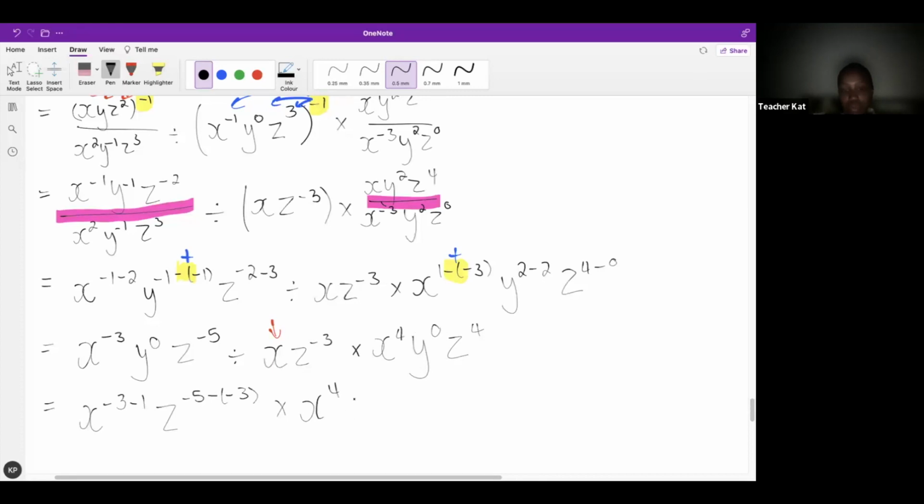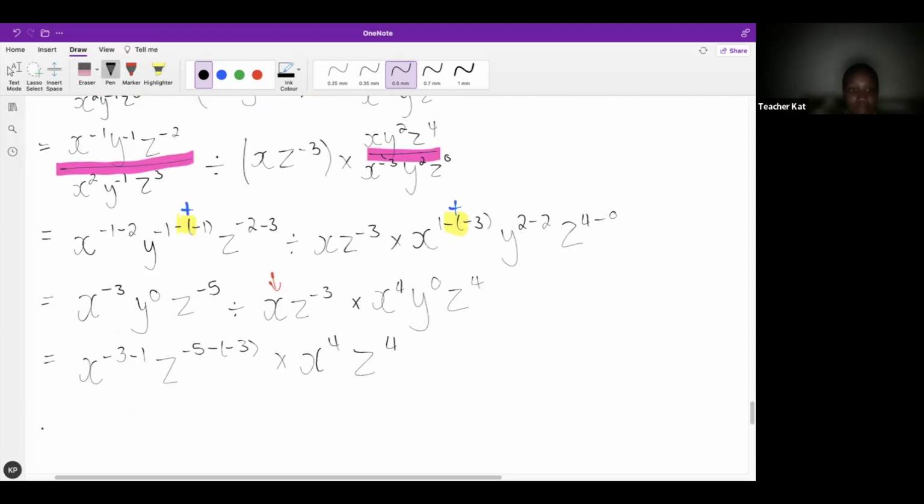That y is also gone. And z to the power of 4. What's negative 3 minus 1? Negative 4. Z to the power of, this guy's going to be a plus, negative 2, times x to the power of 4, z to the power of 4.